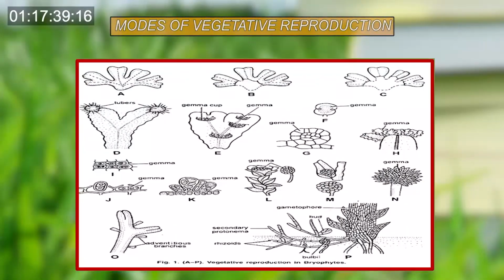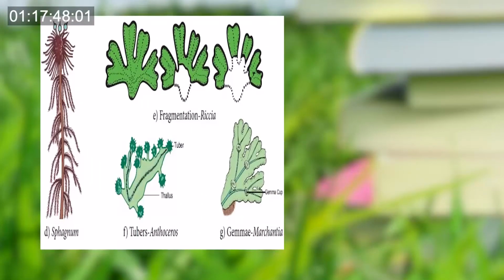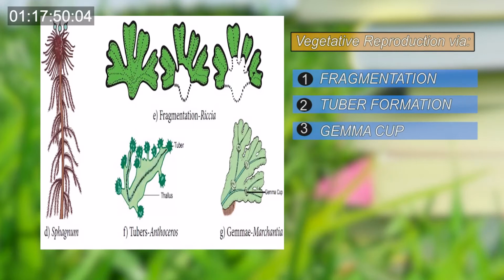The most common forms of vegetative reproduction in bryophytes are tuber formation, gemma formation, fragmentation, formation of certain apices, etc. In this particular slide, I would discuss the modes of vegetative reproduction in detail.